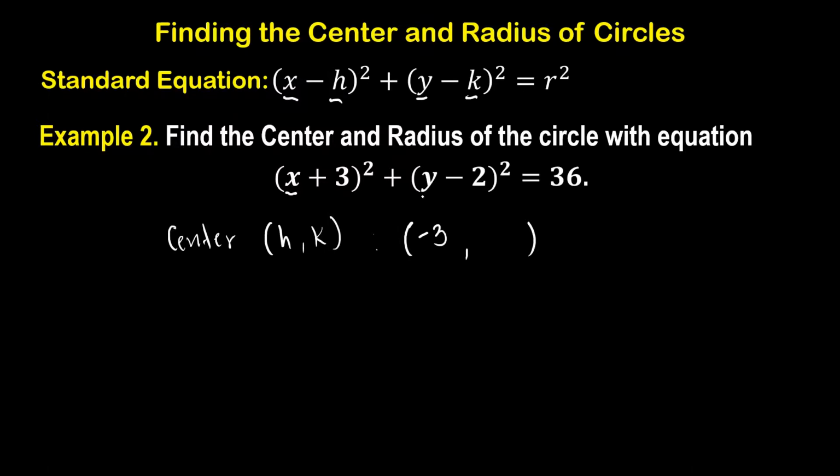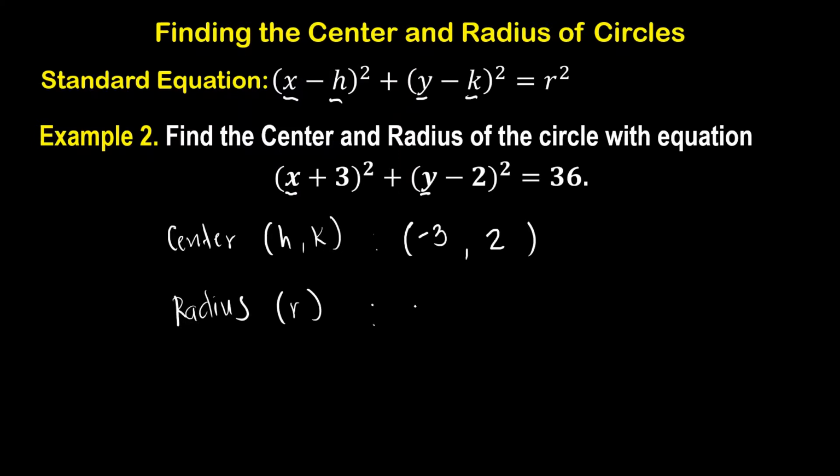Then here we have the y, and your y is paired with 2, and the sign here is negative or minus, so we can say that our k value is equal to positive 2. Therefore, our center is the ordered pair (negative 3, 2).